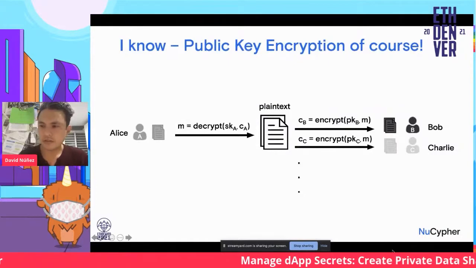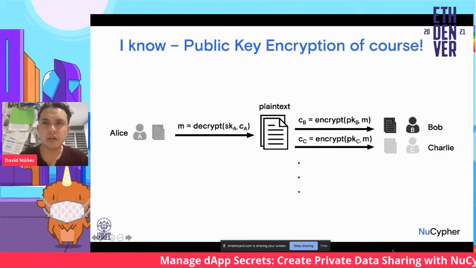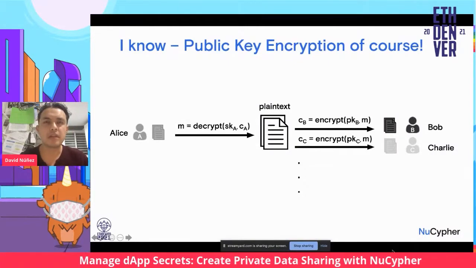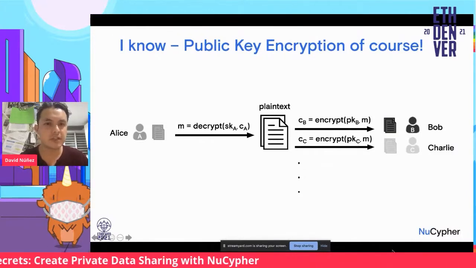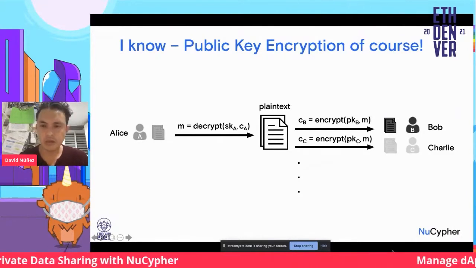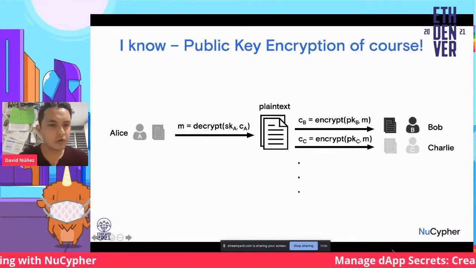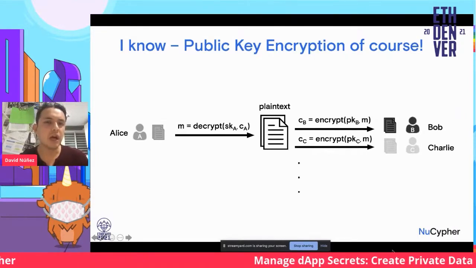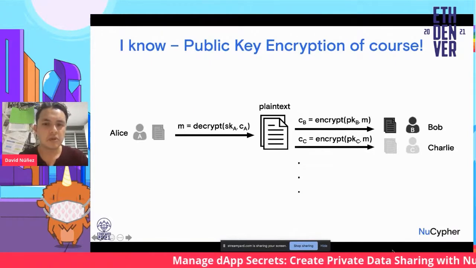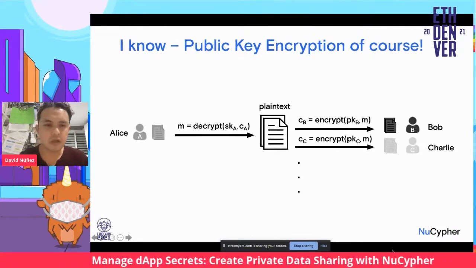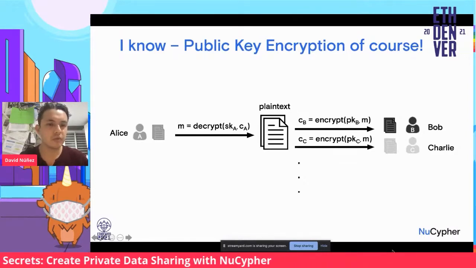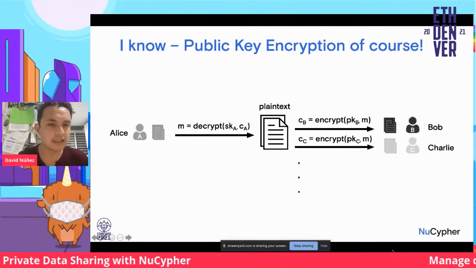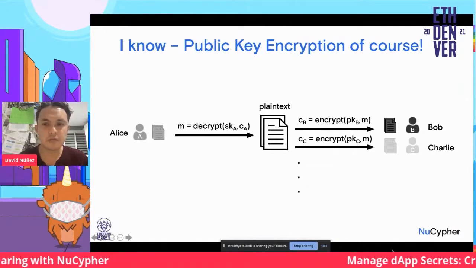So the first approach that anyone can think of is, okay, let's use encryption, and in particular, for example, public key encryption. And this can, of course, work, but it will have several limitations. Let's assume that you have data that is in control of Alice, and Alice wants to share data with Bob.